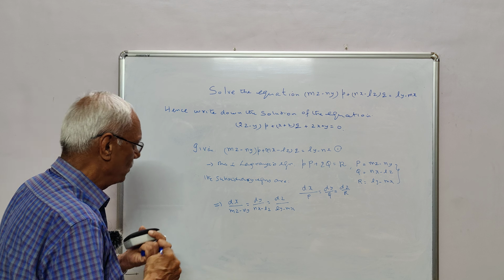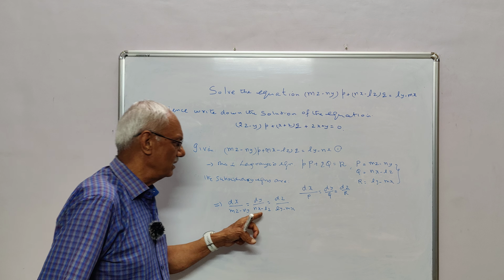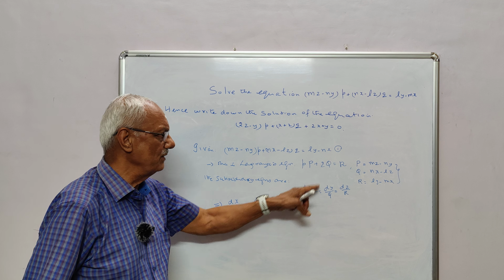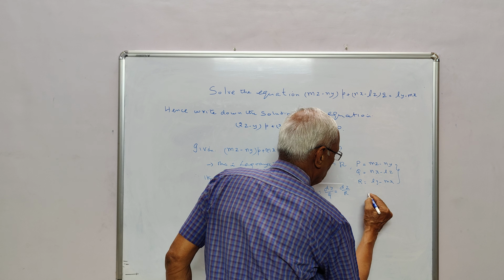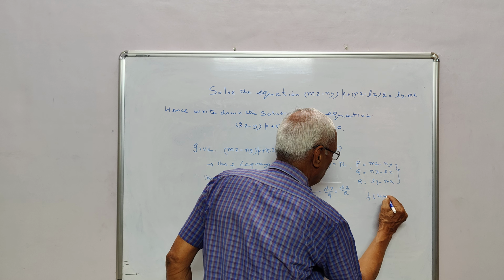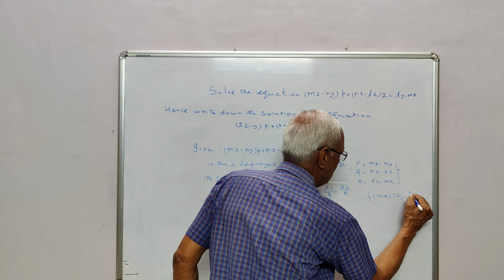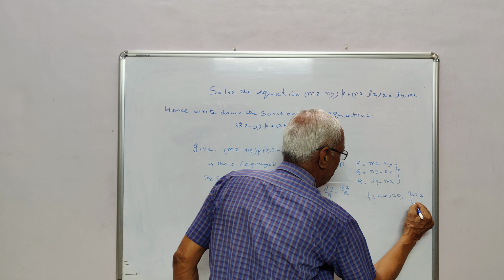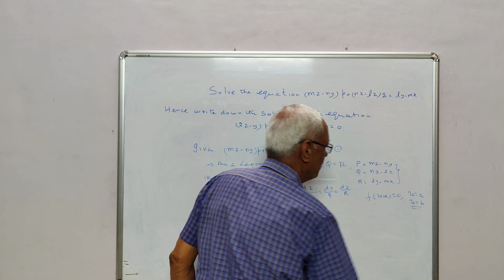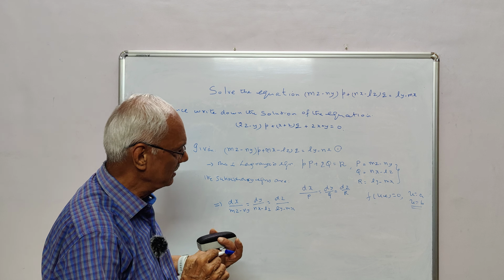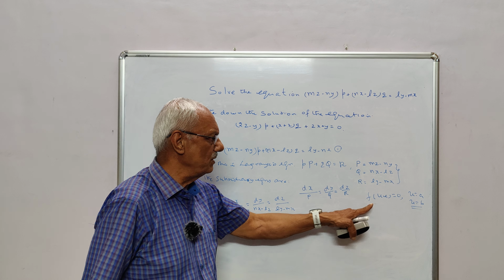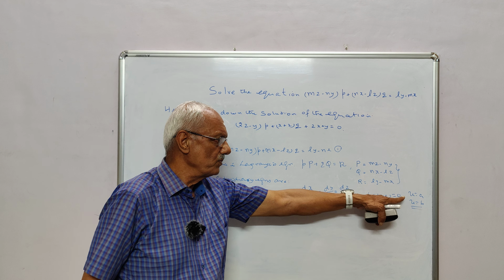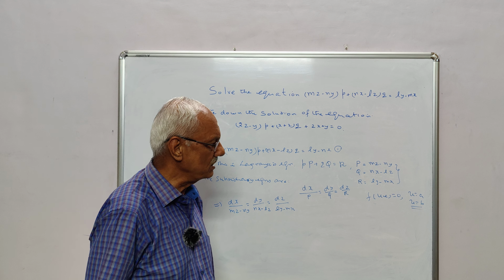Now what we have to do is, the solution for this differential equation will be of the form f of (u, v) is equal to 0, where u and v are constants. So the solution to the Lagrange's equation is nothing but f of (u, v) is equal to 0, where u and v are constants.